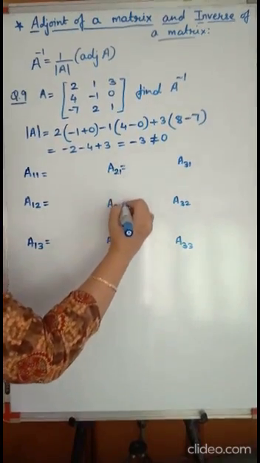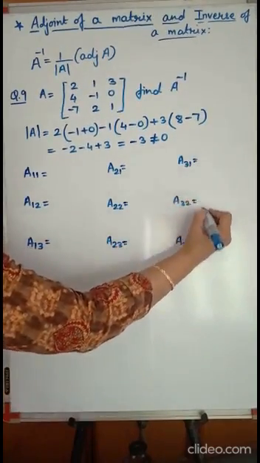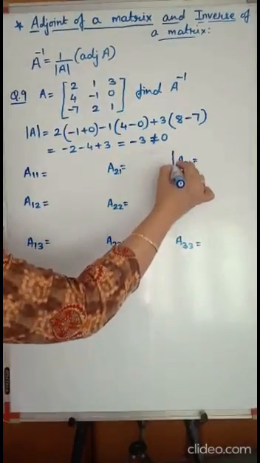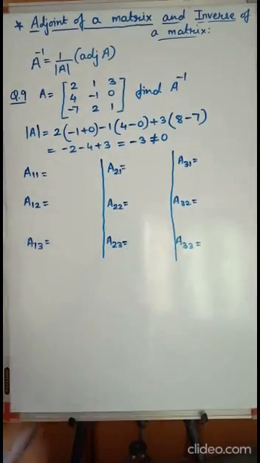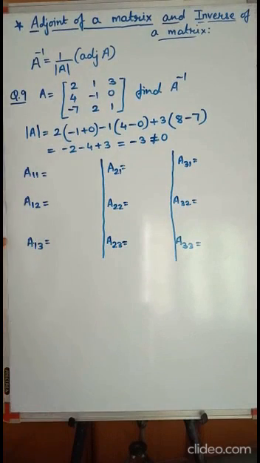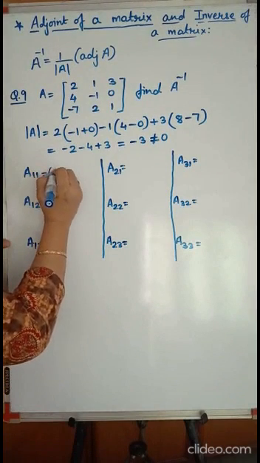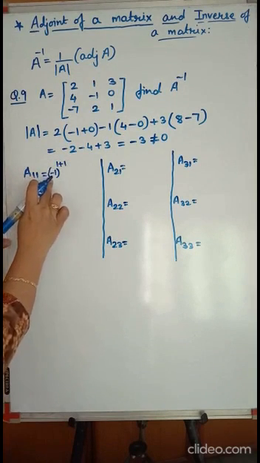What are these? A21, A22, what are these? These are cofactors. We already have done how to get a cofactor. So this is the way you can get cofactors. Now what is A11? Only one I am doing is minus 1 to the power 1 plus 1. And minor, what is minor?